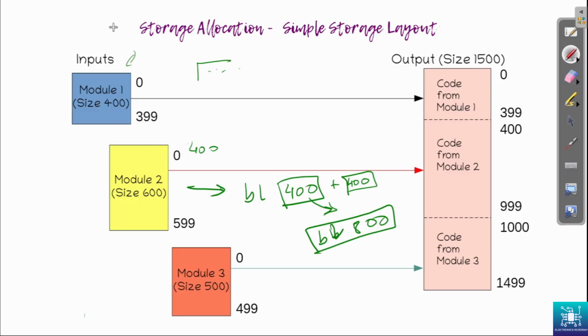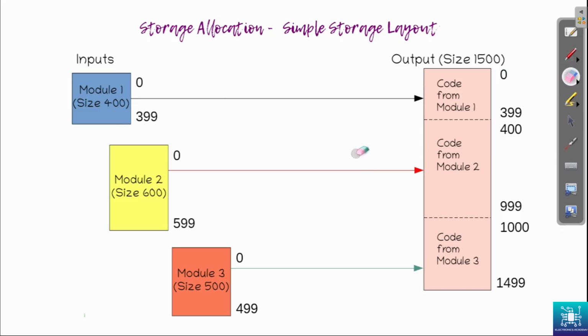That is how the linker actually adjusts your addresses, calling addresses, and so on. We'll see that in detail later. This is roughly what the job of the linker is.